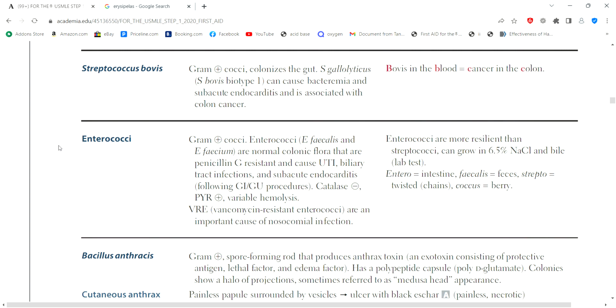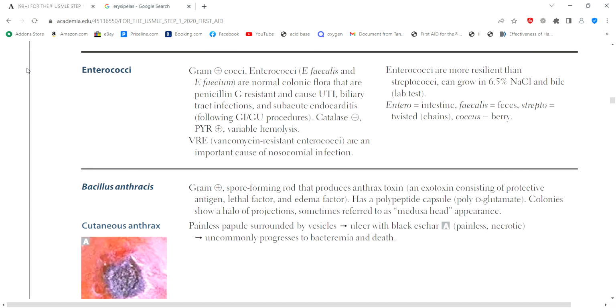That's all I know. All right, it can cause bacteremia and subacute endocarditis, but the main thing is colon cancer. All right, Enterococcus. Enterococcus is gram-positive cocci.